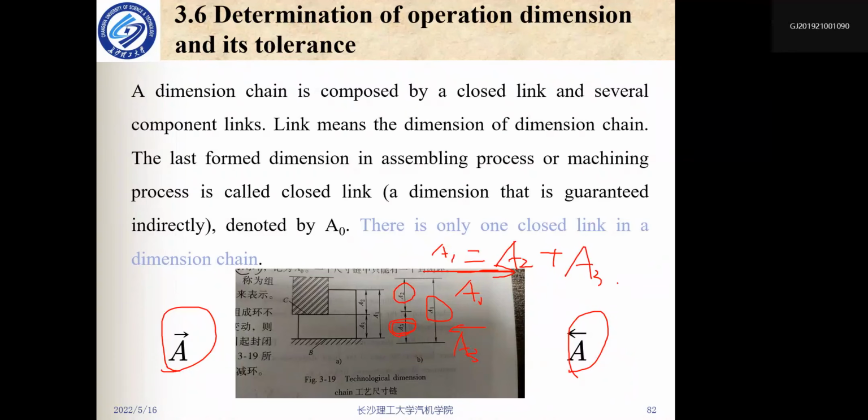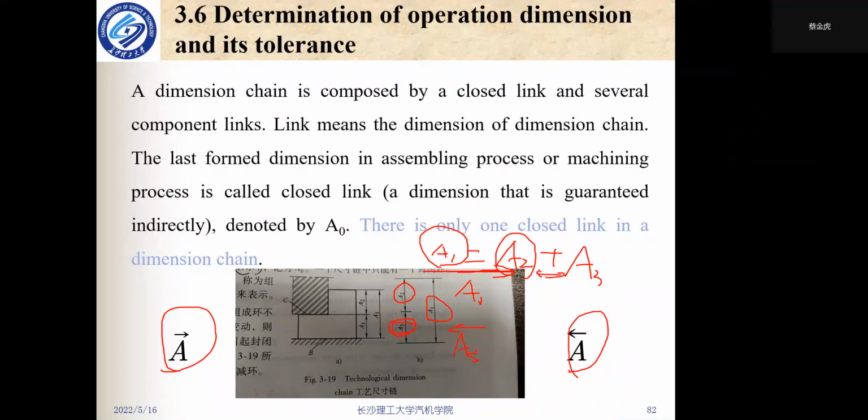Yes. When I1 is a constant, I2 is a closed link. Then the I3 and I2, because their summation is constant, the variation is in opposite direction.